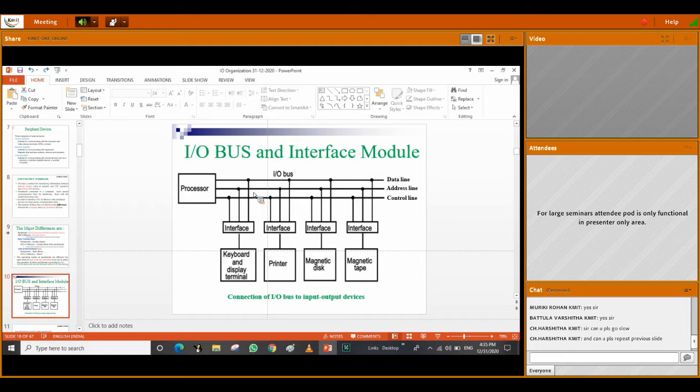The peripheral devices are the magnetic tape, which is a storing device, and the magnetic disk, printer, keyboard or terminals. Note this down, everyone: what the I/O bus and interface module are, and how they are connected to each other.